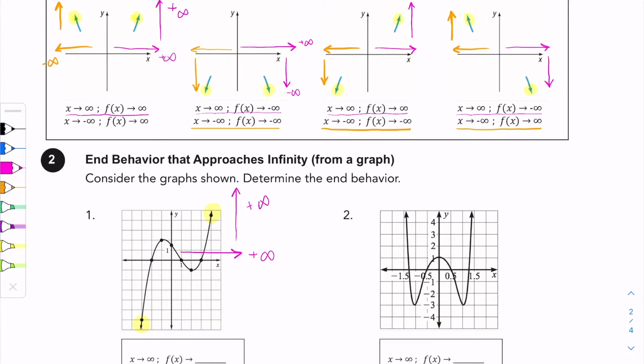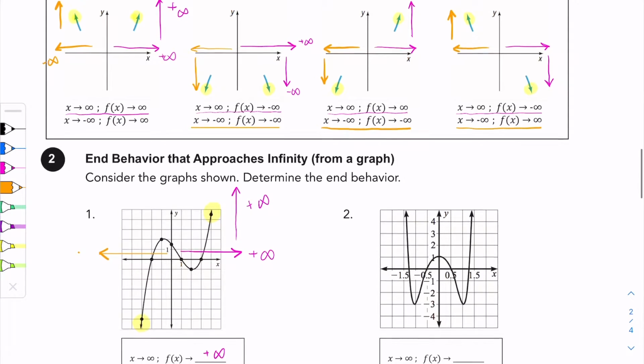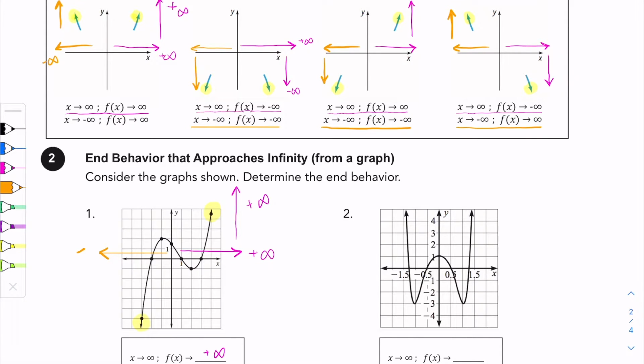That tells us as x approaches positive, the function approaches positive infinity. And as x approaches negative infinity, the function is heading down, so it's getting lower on the y-axis towards negative infinity. As x approaches negative, the function is approaching negative.